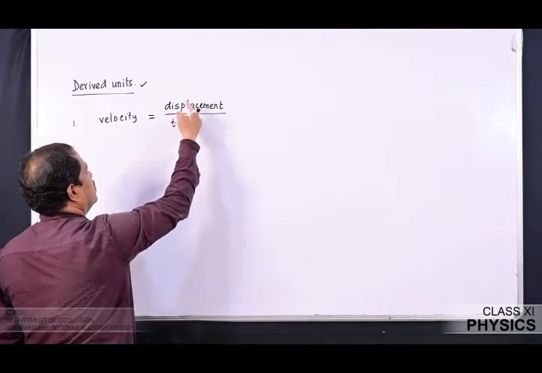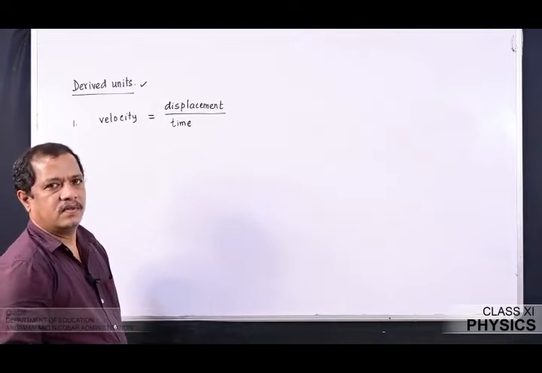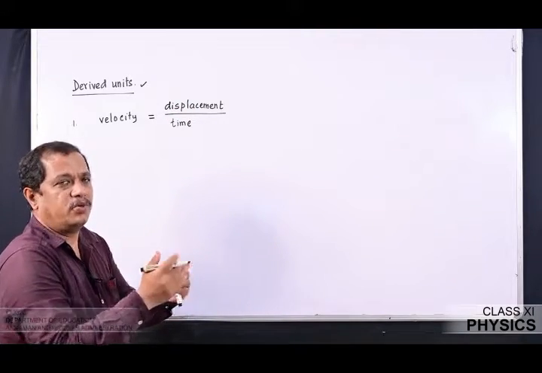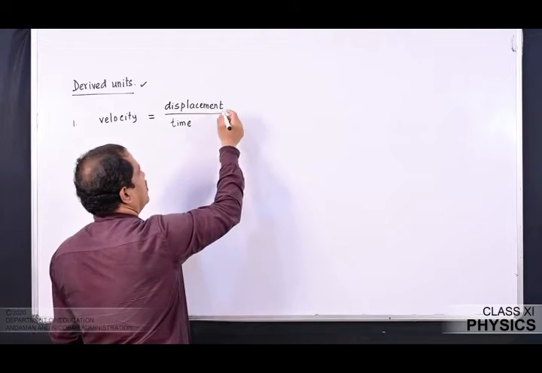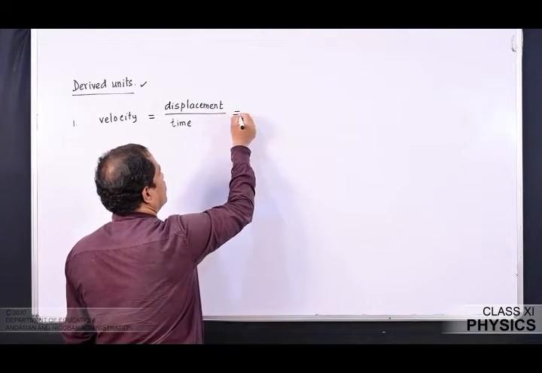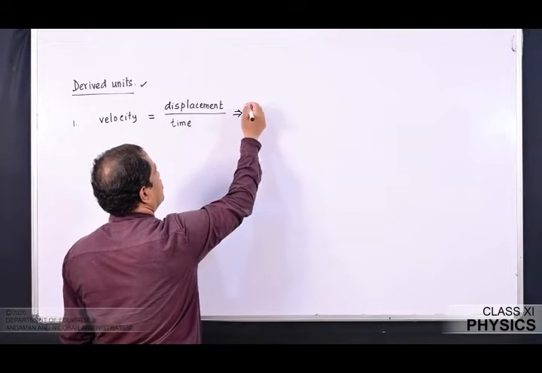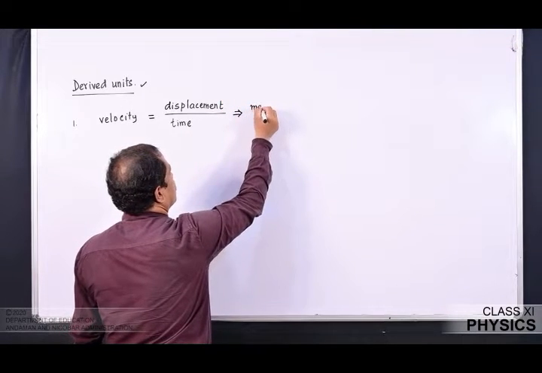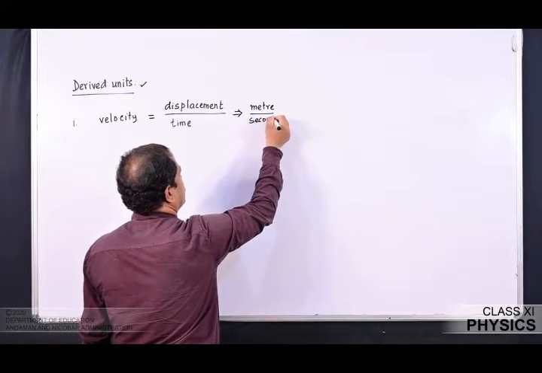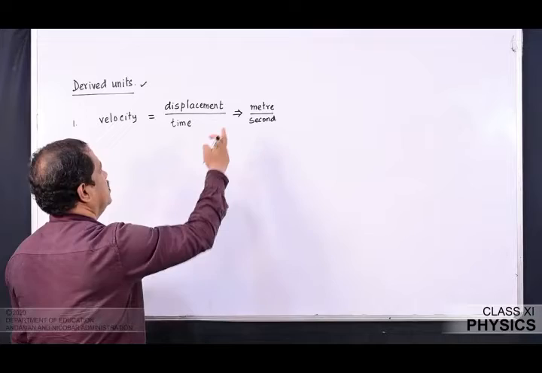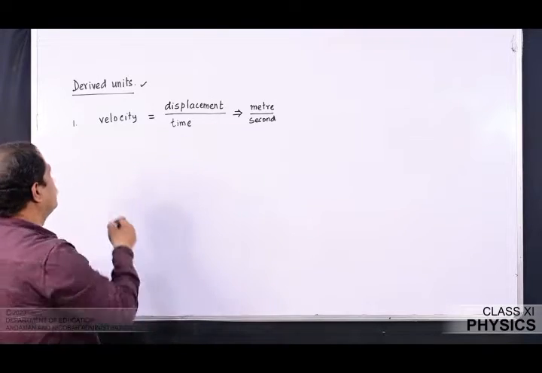Now I know displacement is nothing but length, so velocity is length by time. For length the unit is meter and for time it is second. As such, this is the derived unit for velocity.